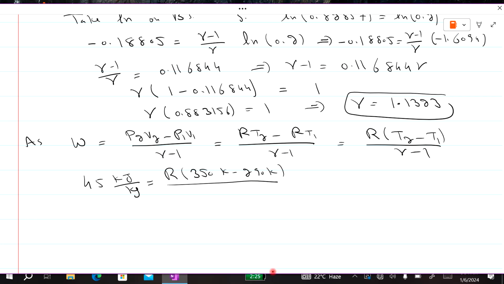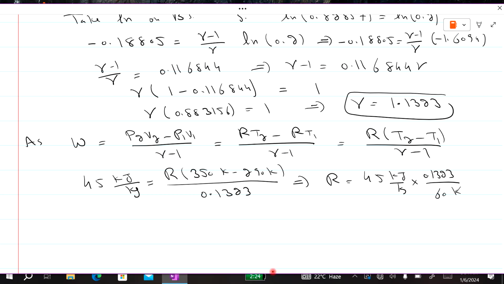The value of gamma minus 1 is 0.1323. Simplify this equation, so R is equal to 45 kilojoule per kg multiplied by 0.1323 divided by 60 Kelvin. 350 minus 290 is equal to 60 Kelvin.